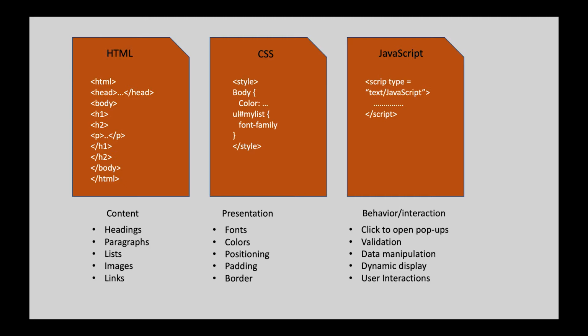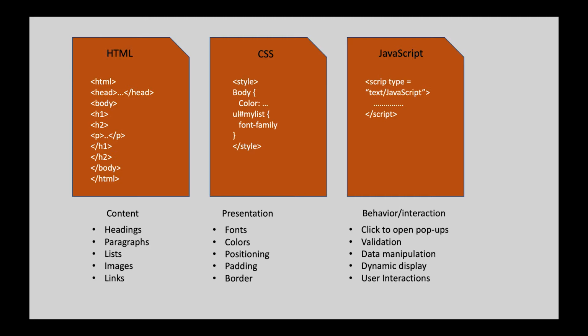The next layer is CSS, which is used to enhance our overall presentation of the website. You can define what fonts, what colors, and positioning of your contents in a web page with CSS. So, just to recap, HTML handles all the contents such as headings, paragraphs, lists, images and links.